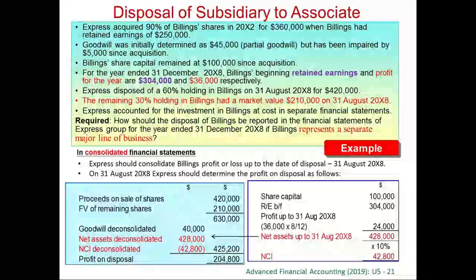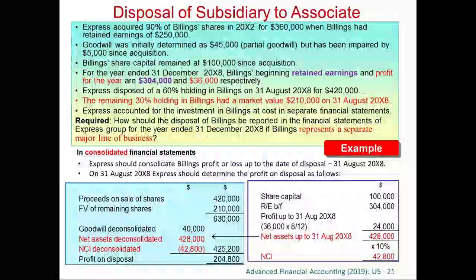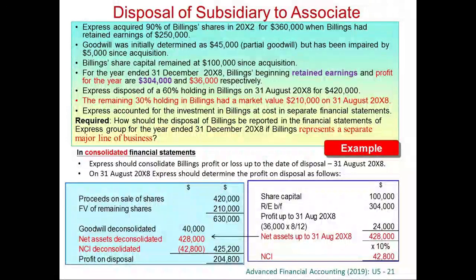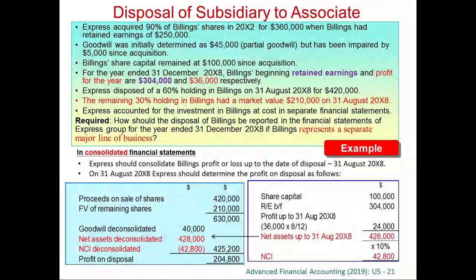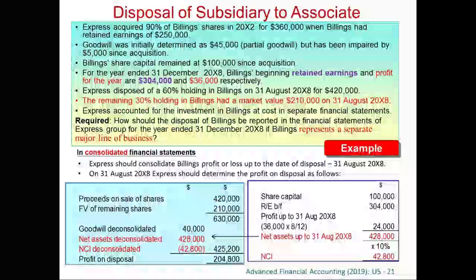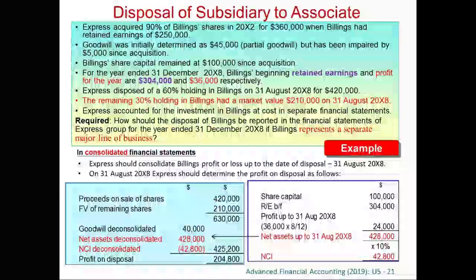But you lose everything with the subsidiary. You lose everything with the subsidiary. So you lose the goodwill, you lose the remaining fair value adjustments, and you lose the book value of the net assets of the subsidiary. Okay? So first, we lose the goodwill.